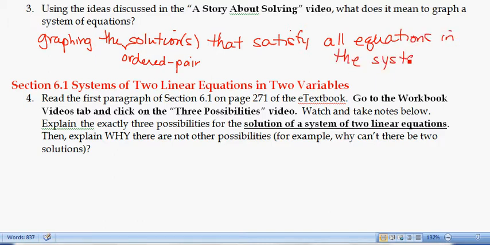So suddenly now we're really looking for some ordered pair solution that makes all the equations true.